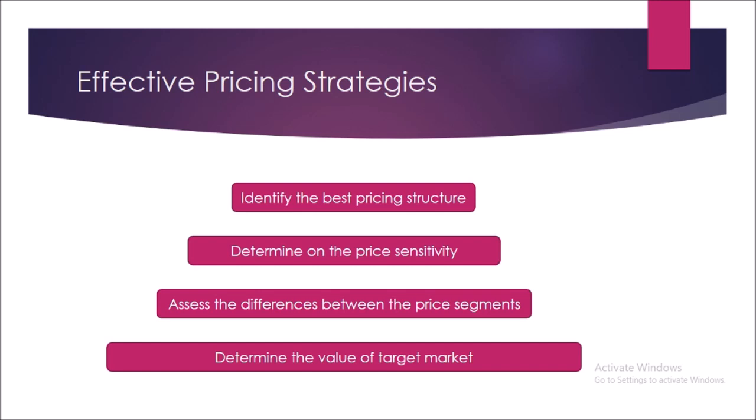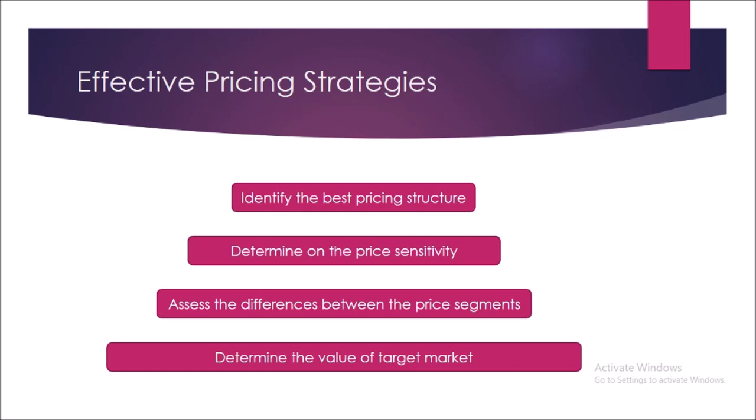As well as the people who have high affordability, they won't buy your inferior products, the products with the lower costs. That is the price sensitivity, with the income levels and different economic scenarios, how the price will behave. So you have to determine the price sensitivity, and then identify the best pricing structure.